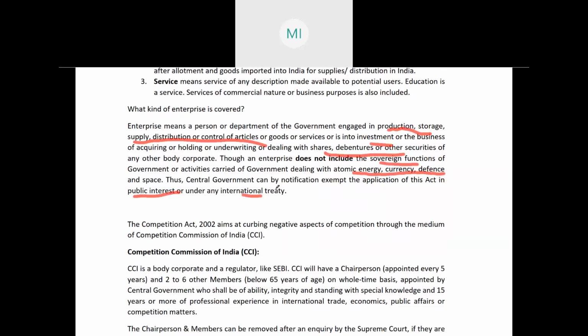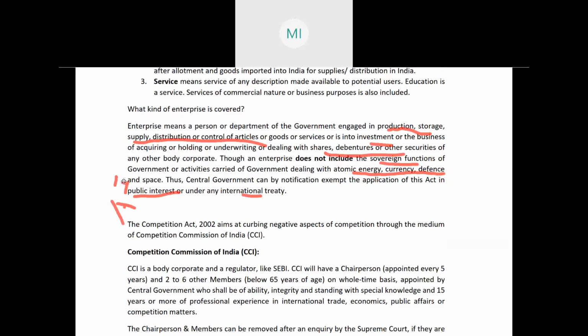See, remember, when it comes to government, government can do a commercial activity also, and government can do a sovereign activity also. If government is running Air India, right? Air India is a flight operator running commercial operations, because there are so many other flight operators, like your SpiceJet, Indigo, and Air India is competing with all of those.